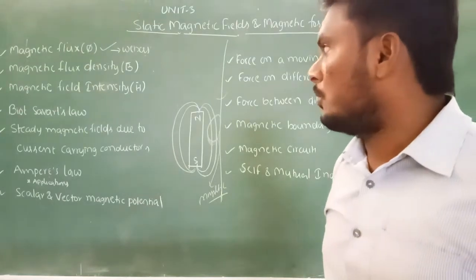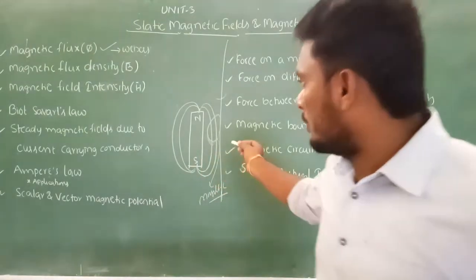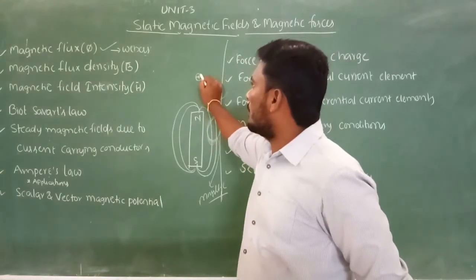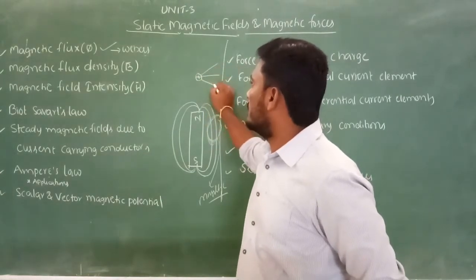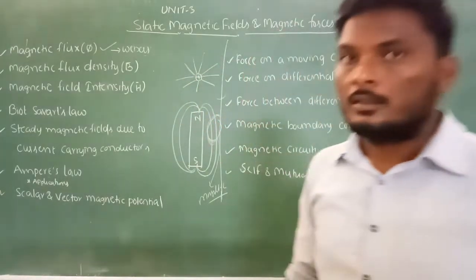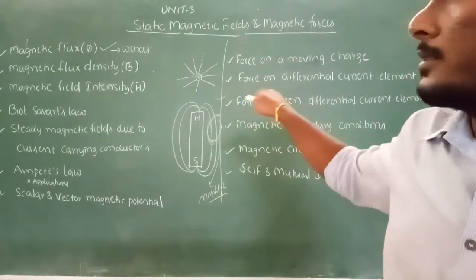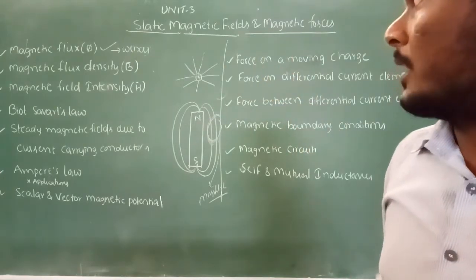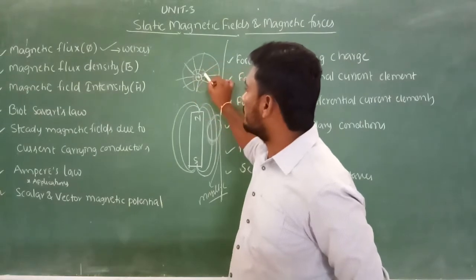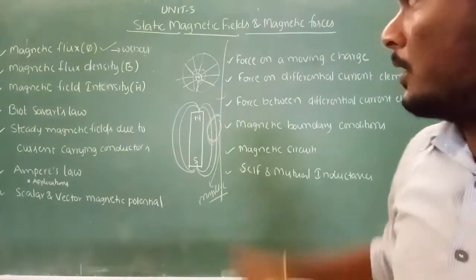So this is about your magnetic field. If a positive charge exists, around this charge there are field lines, the number of field lines existing due to this charge.